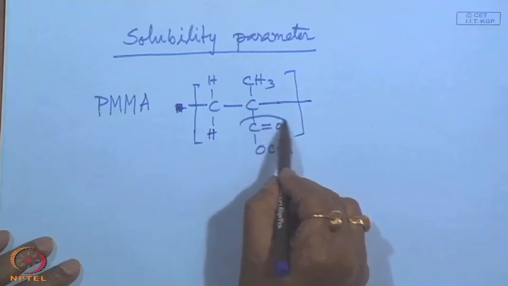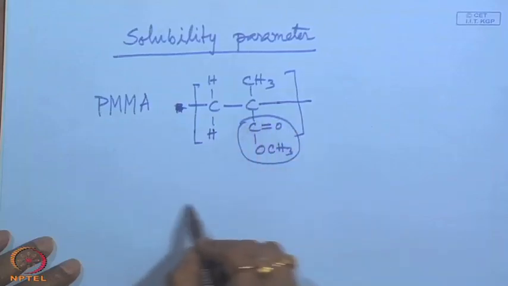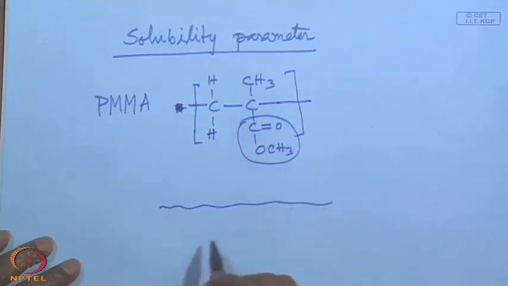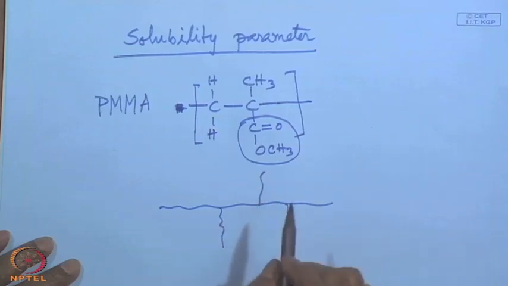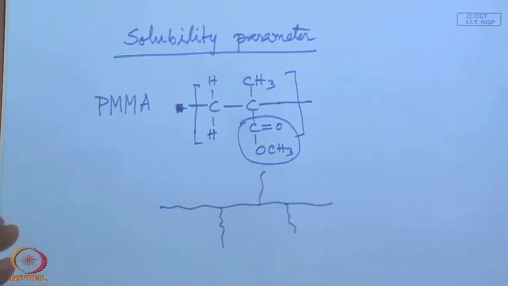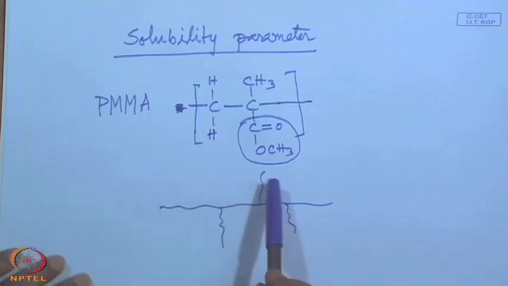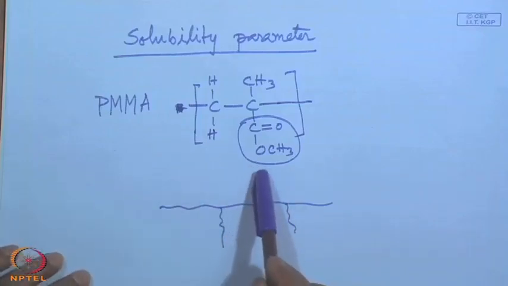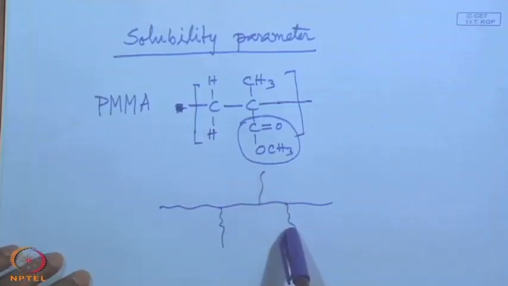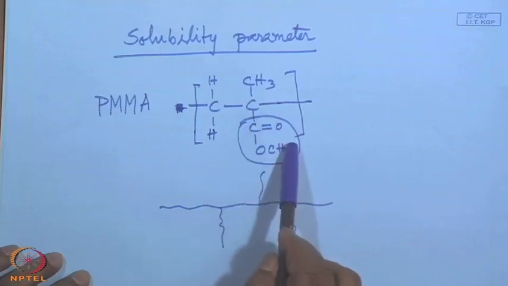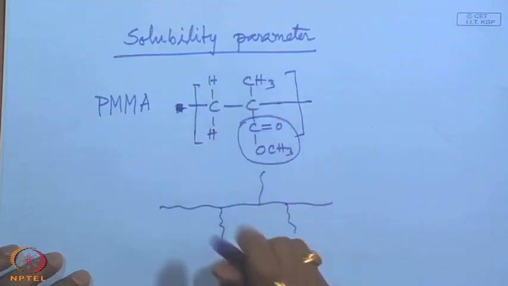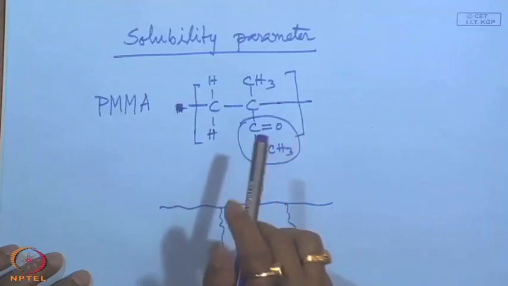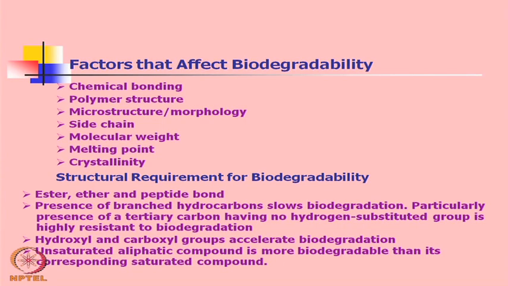This is a substituent, or you can say side chain, or a polymer can have, configuration-wise, a side chain or branch like this. So, whether the polymer contains a side chain or not, and whether the side chain is polar or non-polar in nature, this is a polar side chain, this is a non-polar side chain or side group, that also influences biodegradation or degradation by microorganisms.